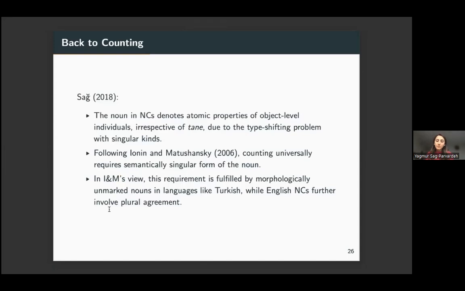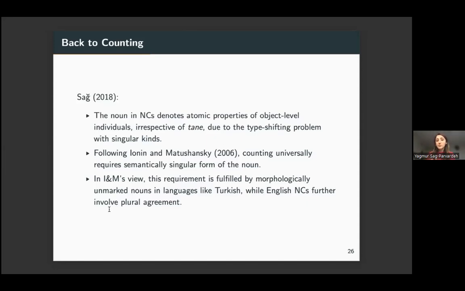So why does that matter for us? Remember at the beginning, I was trying to form a connection with obligatory classifiers of Chinese type languages. I told you that these classifiers have been seen as a repair mechanism: they take a deficient noun, deficient in the sense of not being able to be counted, and make counting possible. Kinds have been considered to be incompatible with counting.